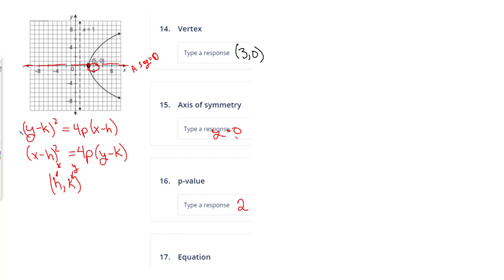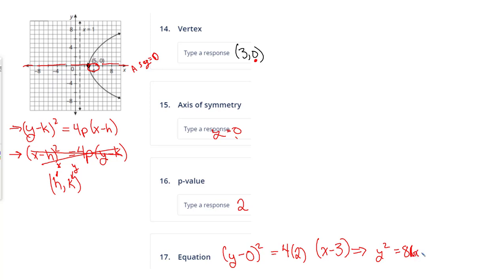Therefore, my equation, is it going to be y squared or x squared? Okay. And so we have y minus my y value, which is 0, squared equals 4 times p times x minus h, which is 3. And so let's simplify that down. We have y squared is equal to 8 times x minus 3.